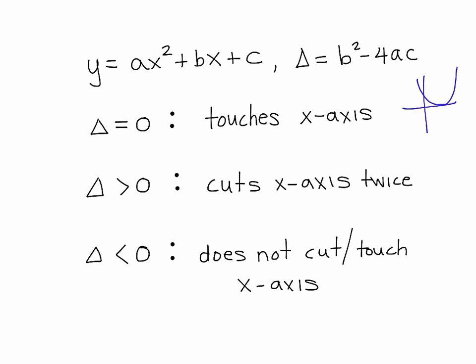Right there. If the discriminant is greater than 0, it cuts the x-axis twice. So that means the graph is going to pass through the x-axis twice. If the discriminant is less than 0, that means it's floating either above the x-axis, or you could also have a case where it's below the x-axis.